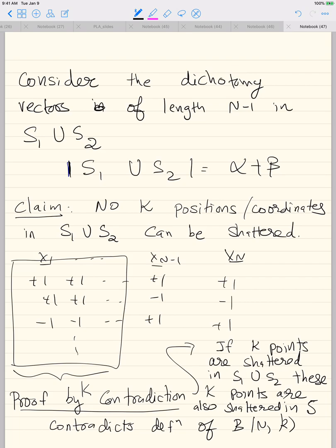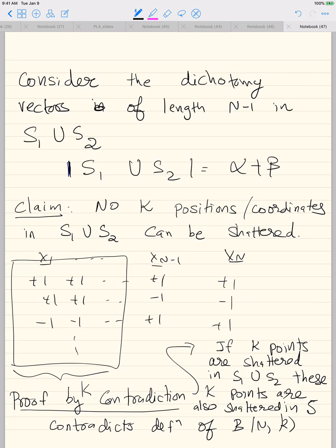And so what does this say? How can you bound alpha and alpha plus beta? We know that alpha plus beta is the size of S1 union S2. S1 union S2 consists of dichotomy vectors of length n-1 such that no k points are shattered.